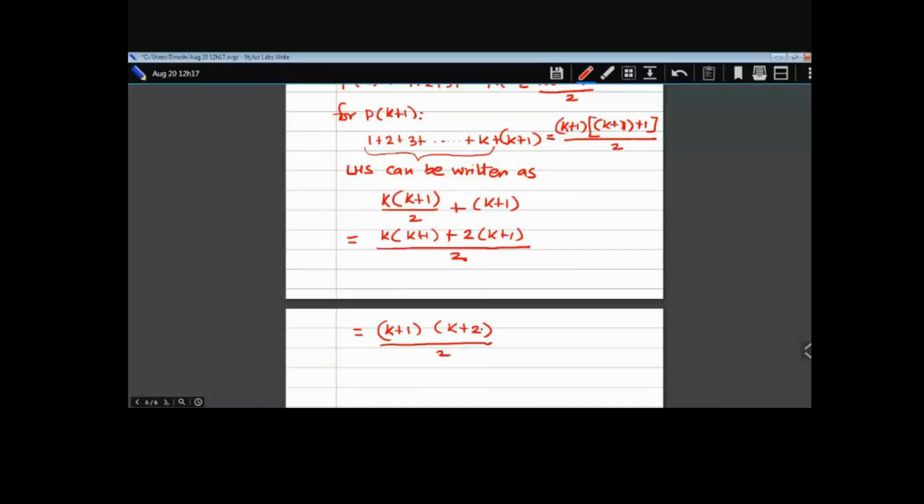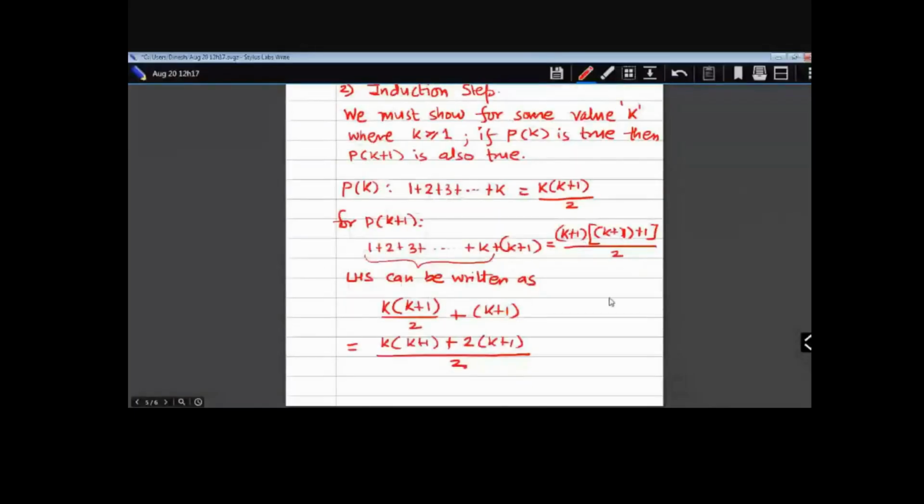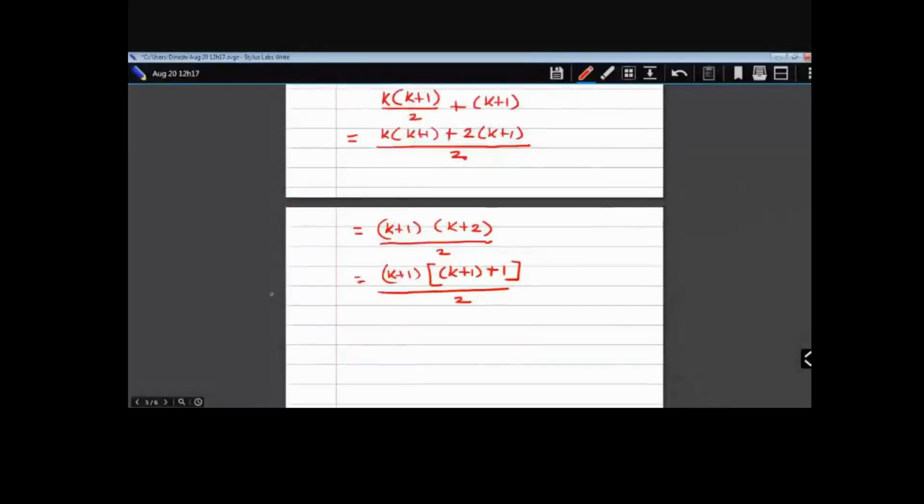Or you can even write it like that: k plus 1 in brackets, k plus 1, and I will just split this one, and the whole divided by 2. And if you see, what we want on the right hand side is the same thing. So here we can say that this is equal to the RHS.